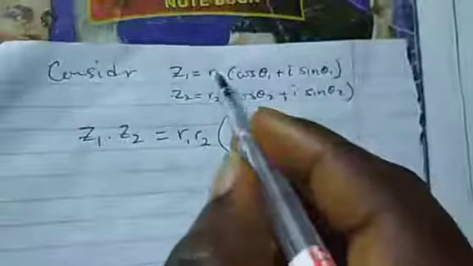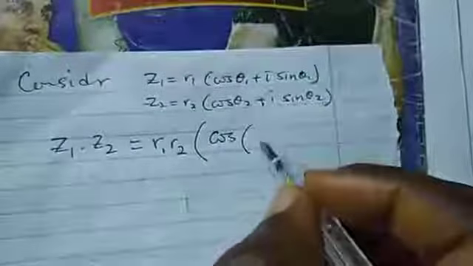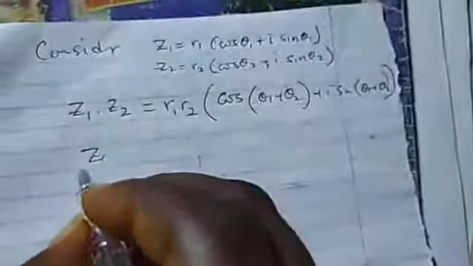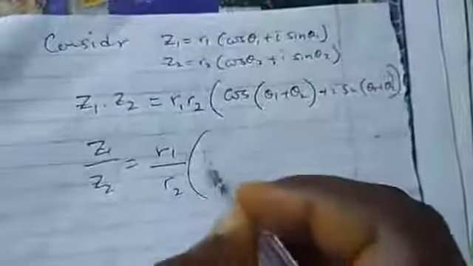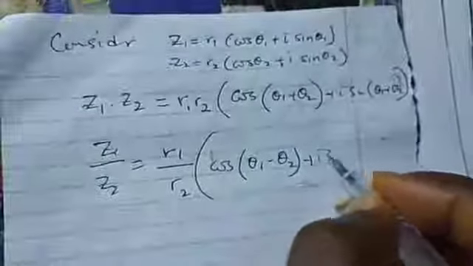Our answer is just R1 times R2 into cos of theta 1 plus theta 2 plus i sine of theta 1 plus theta 2. If it is division, Z1 divided by Z2 is just R1 over R2 into cos of theta 1 minus theta 2 plus i sine of theta 1 minus theta 2. So you can see when we are multiplying, we add up the angles.